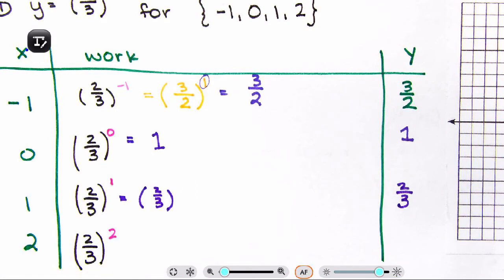And now for the last one, it's a positive exponent. Our base is 2/3.